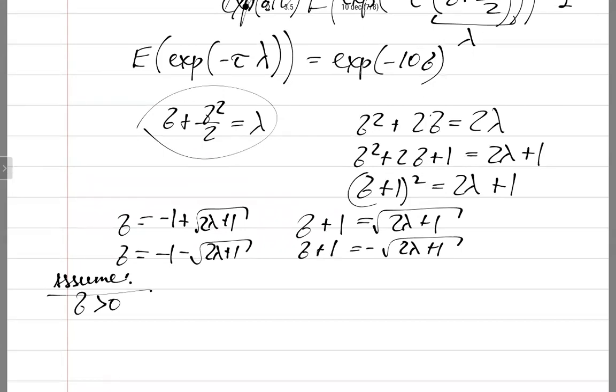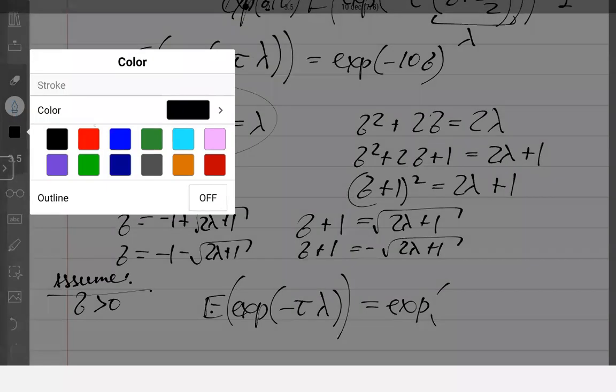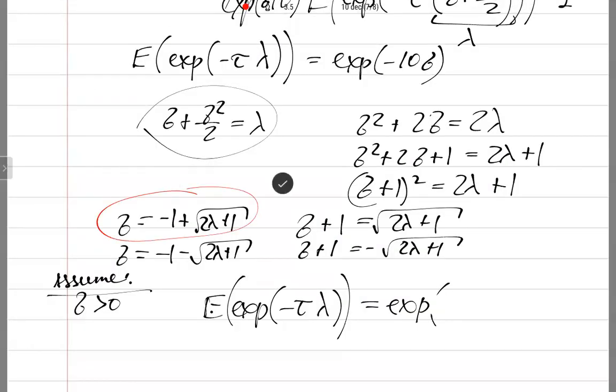And in this case, the expected value of exponent of minus tau sigma is exponent of 10 plus, sorry, so I take the first root.